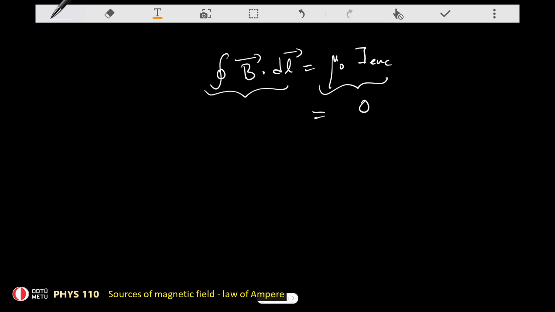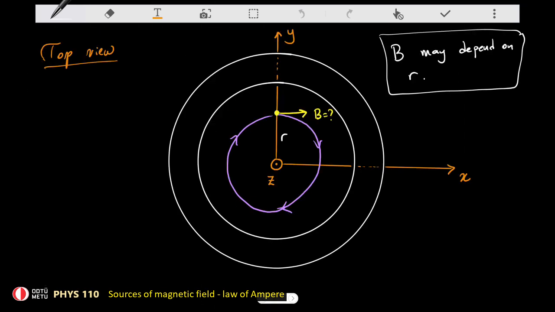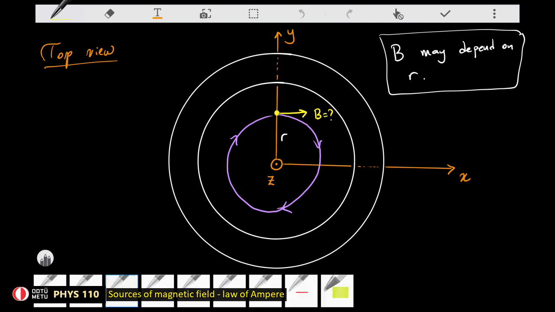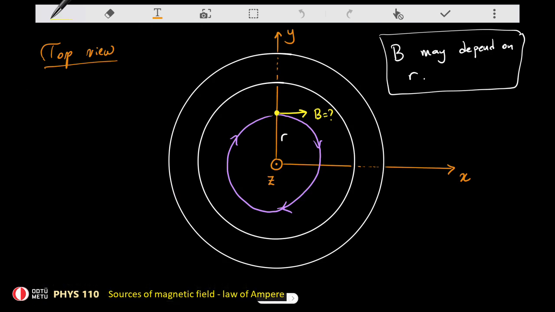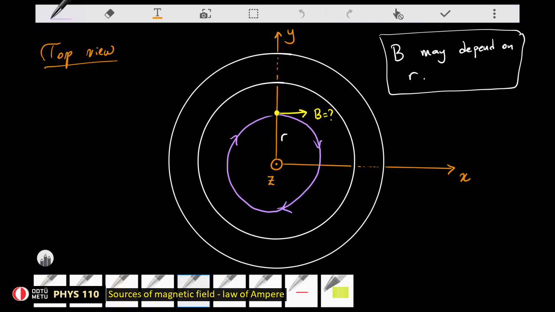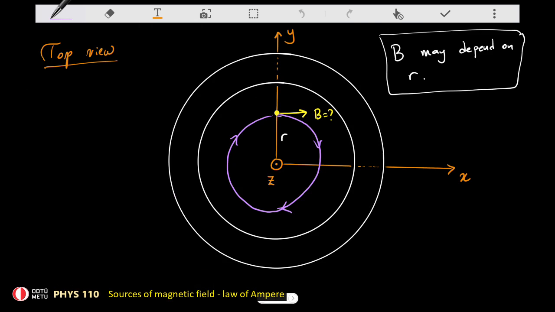Left hand side, let's go ahead and look at this picture again. So we have a displacement on the Amperian loop, which is tangent to the loop, obviously.